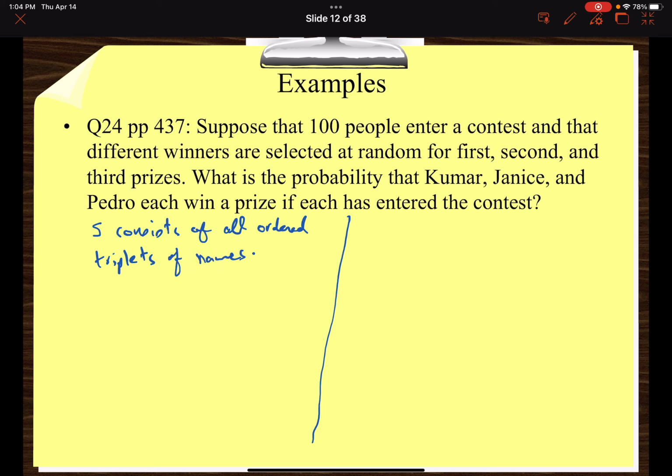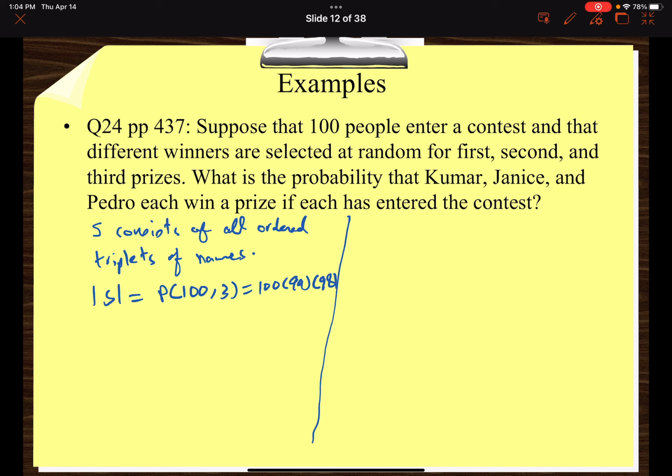Of names. So in this case, the cardinality of S is P 100, 3, which is إيش? 100 times 99 times 98. طيب.